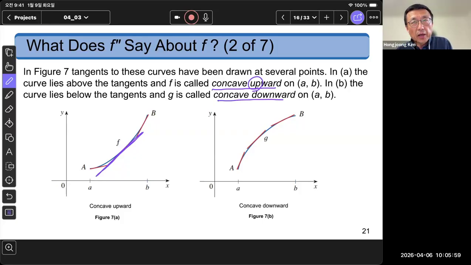In that case, we say the curve is concave upward. So if your curve lies above the tangent line, then the curve is concave upward. In the case of figure 7b, whenever you draw any tangent, your graph lies below the tangent, then we say the curve is concave downward.